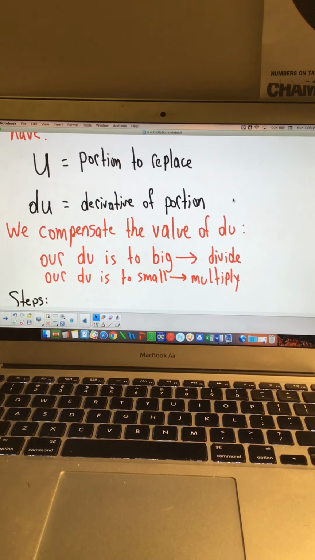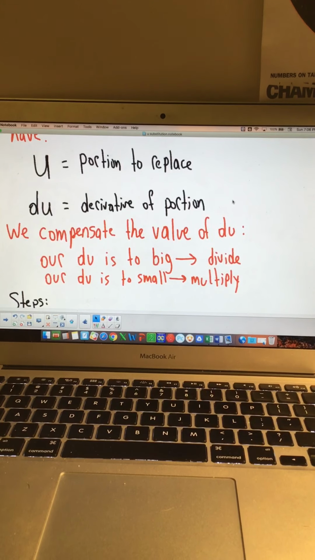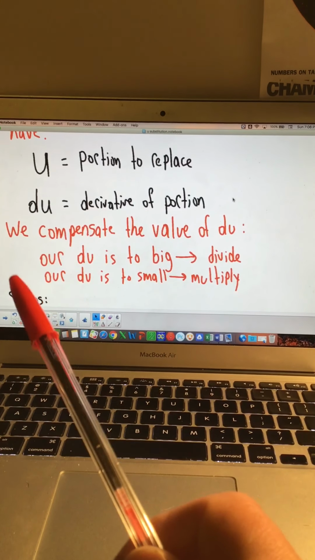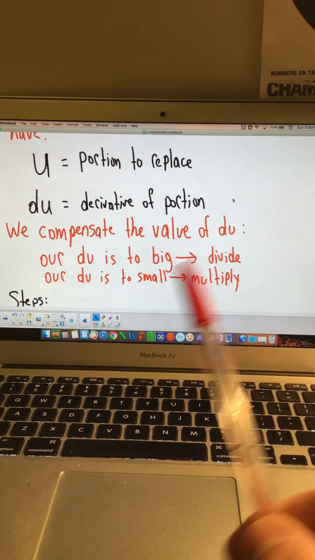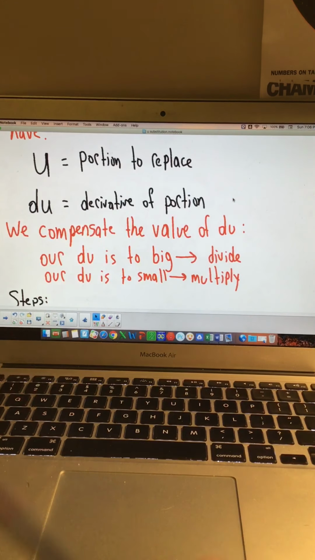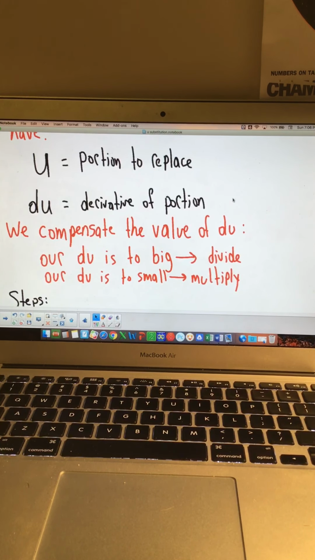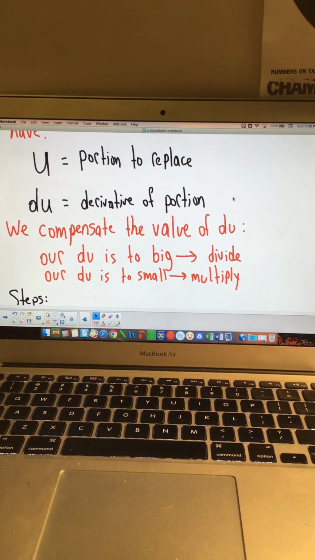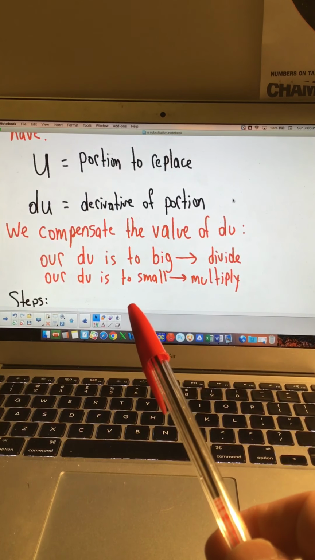As we go forward, we're going to start off slow at first, right? Sometimes we're going to have u and du everything match up. Everything's going to be hunky-dory. Everything's going to be great. But as we move forward, it's not always going to match up.